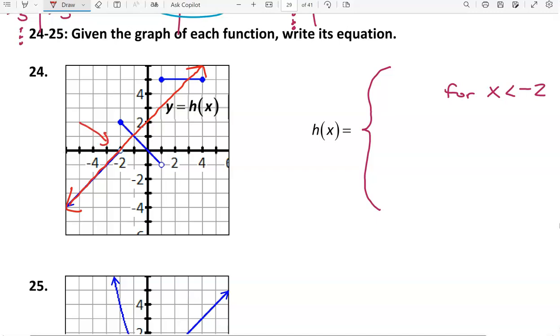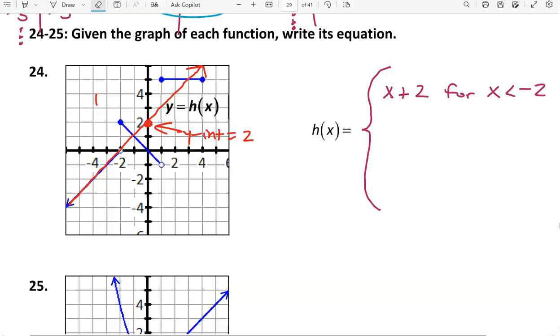What I can observe here is that my slope is 1 over 1, which is 1, and then my y-intercept is 2, so that's my b value. So written in y equals mx plus b form, the y value is 1x, which is x, plus 2.